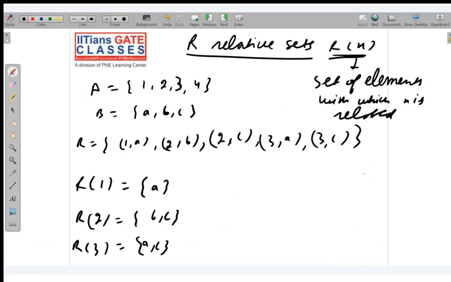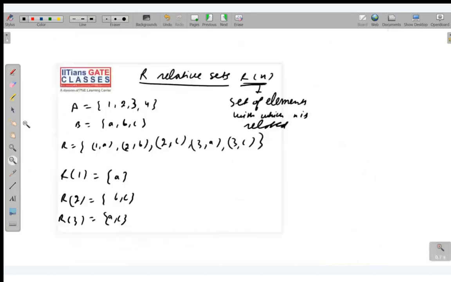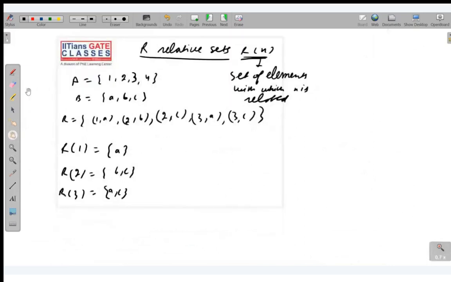Okay. Now if R is given to us, we can find R inverse also. R inverse means R power minus 1. So you simply swap them. R inverse will be A1, B2, C2, A3, C3.